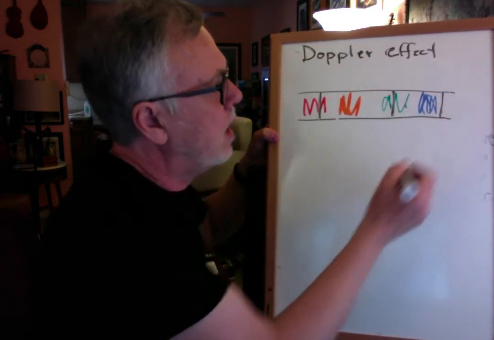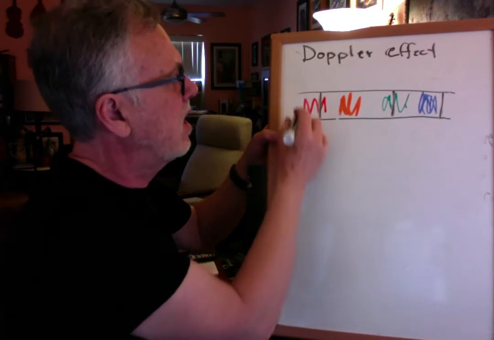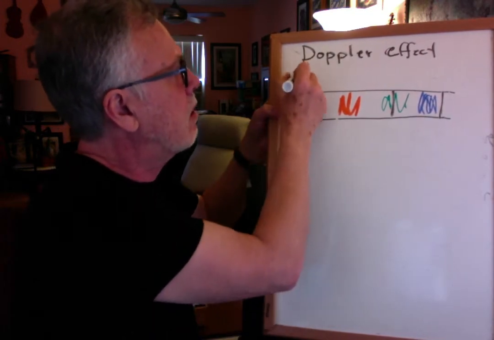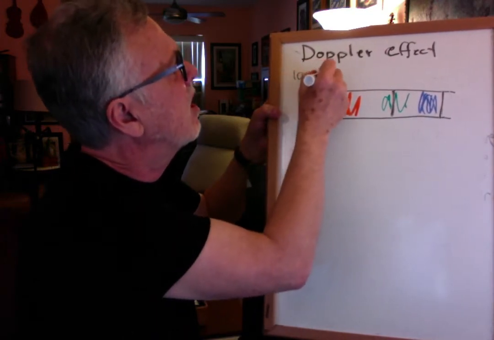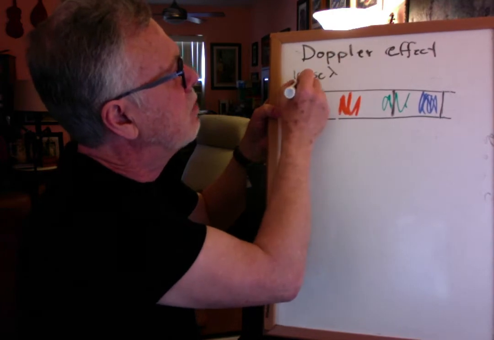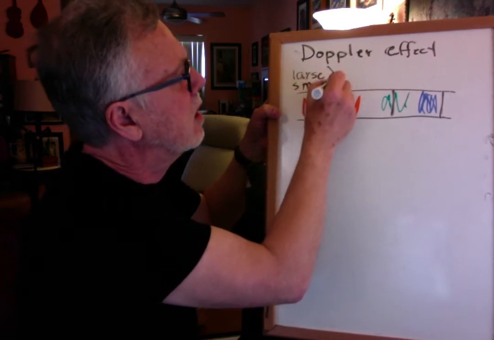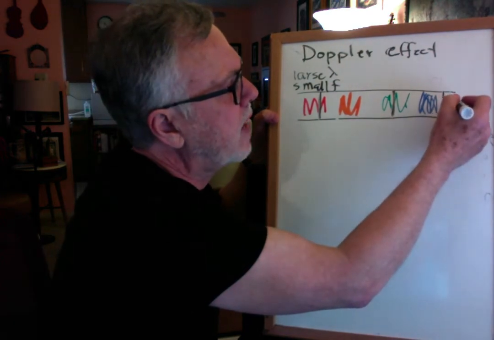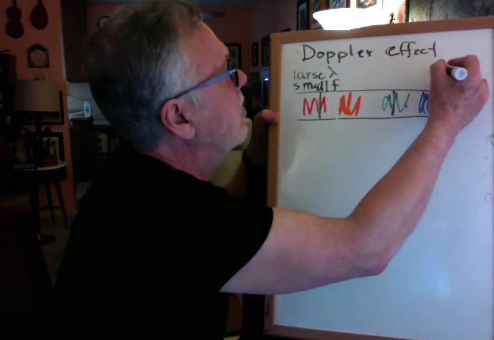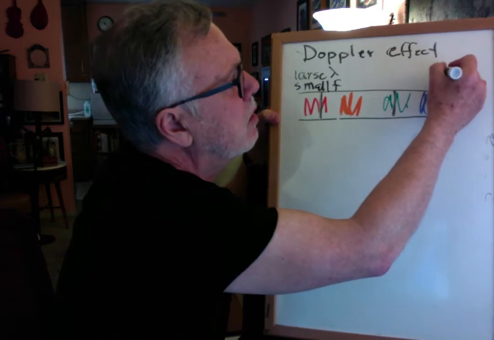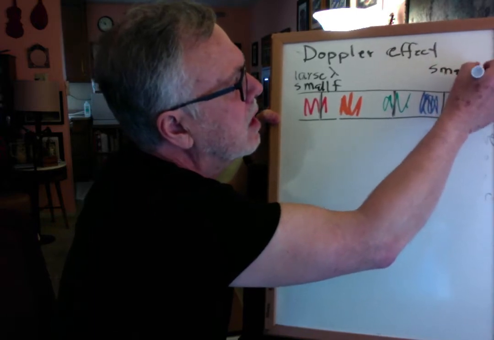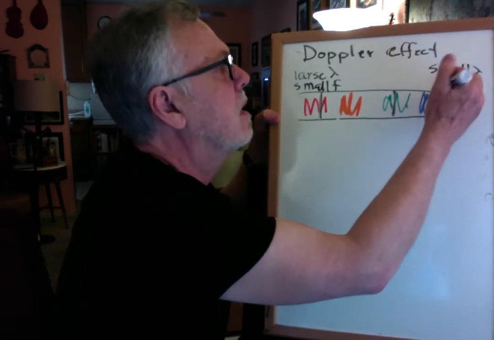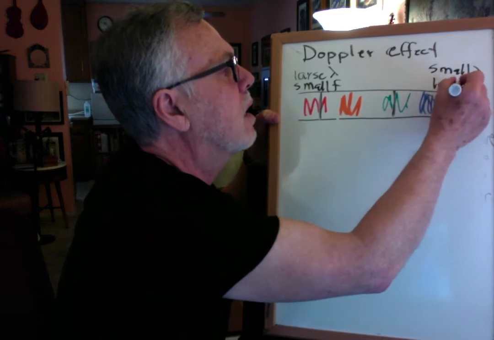Now I want to remind you for the different colors, for red, that's large wavelength, but small frequency. Relative to violet and blue, so this is violet and blue, this has small wavelength, but large frequency.